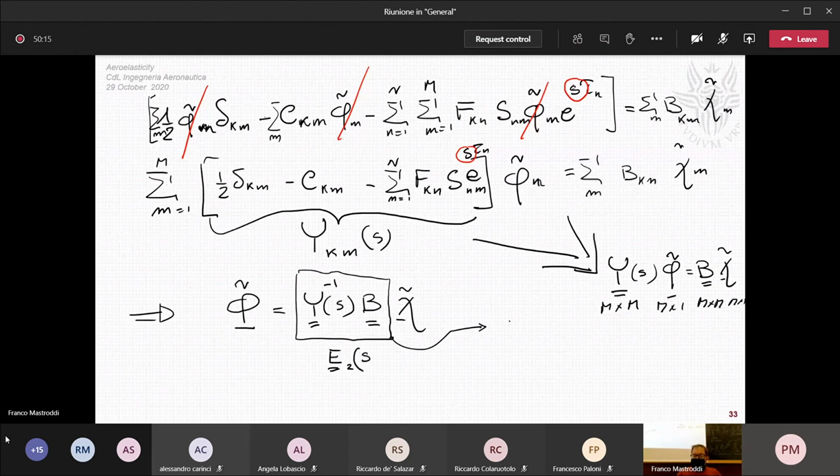Yes, because the coefficients B, C, F depend on the geometry. It is dependent on geometry. Is this operator depending on the flight condition or not?